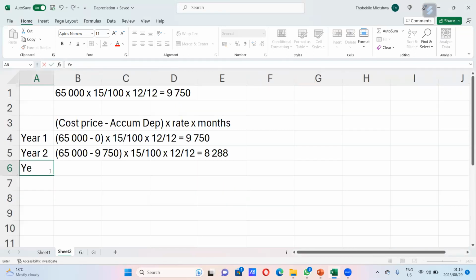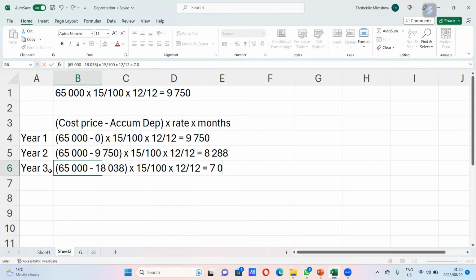For year three, it's going to be 65,000 minus 18,038, and the rest doesn't change: 15 over 100 times 12 over 12, which gives us 7,044.